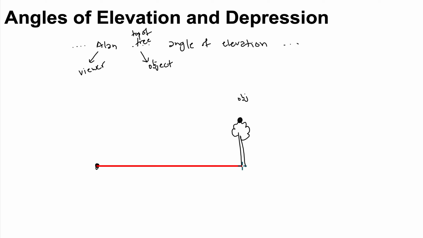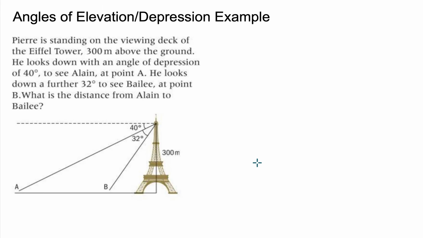So this is my horizontal line, just straight. Then depending on what you have, in this case we have an angle of elevation. Elevation is you looking up, so my horizontal has to go upwards towards my object. And this is my straight line up.